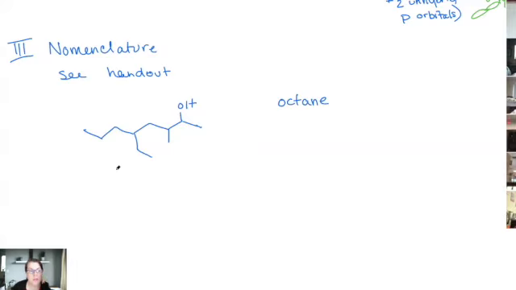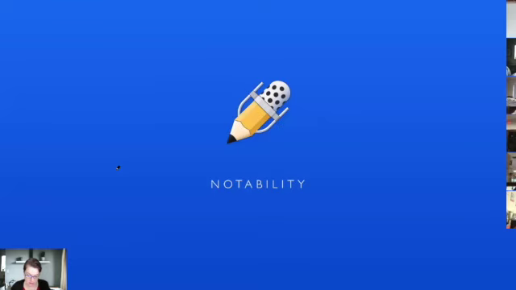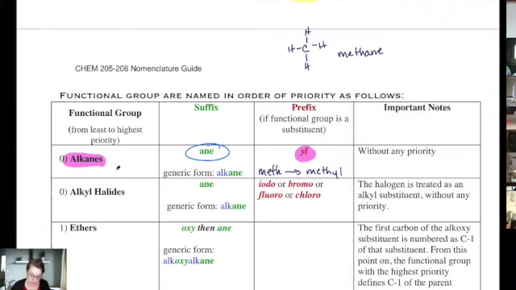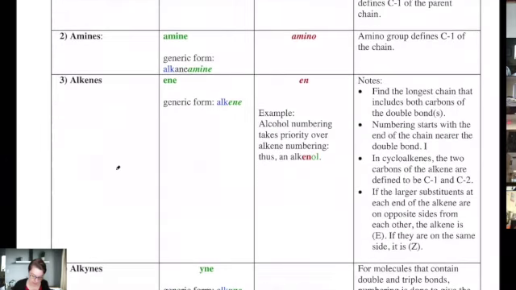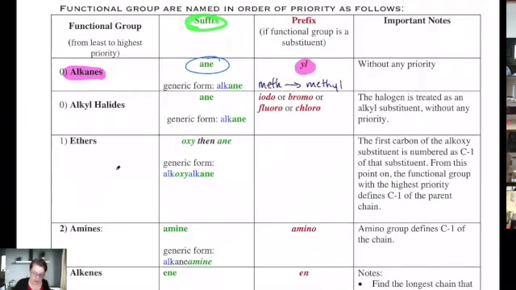Alcohol. Okay, so now let's go to our functional group list and find what the suffix is when that is the highest priority group. So we're going to go down and you'll notice that these are listed in priority. Okay. So if you have two, so let's say we have a ketone and alcohol, we're not sure which one is the highest priority group.